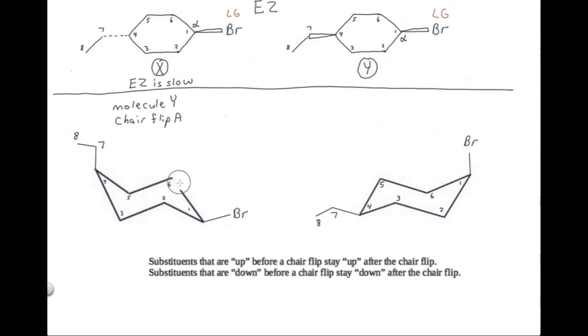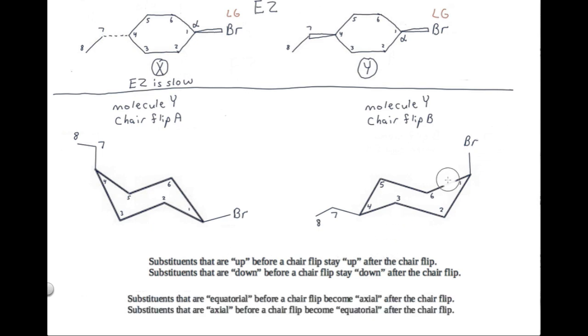Both substituents pointed up in chair flip A, so both substituents should point up in chair flip B using this rule. And again, we illustrate that equatorial and axial flip when you do a chair flip. The axial substituent becomes equatorial, and the equatorial substituent becomes axial when you do a chair flip.